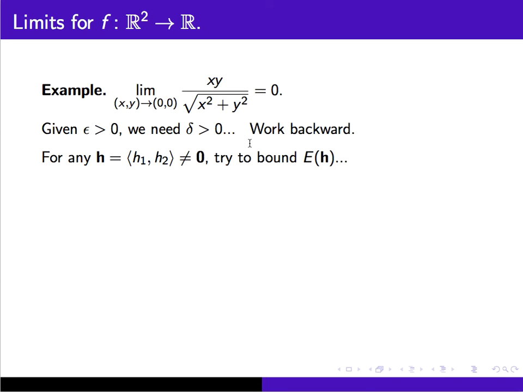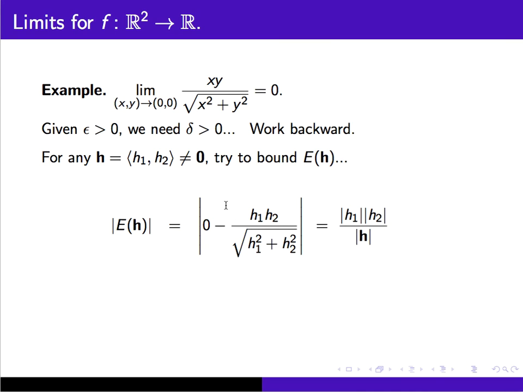So let's work backward. So here's our displacement from the origin. We take h, and we're trying to bound the error of approximating 0 by this function. So we write that down. The error in absolute value is at most the absolute value of the difference. The 0 goes away.